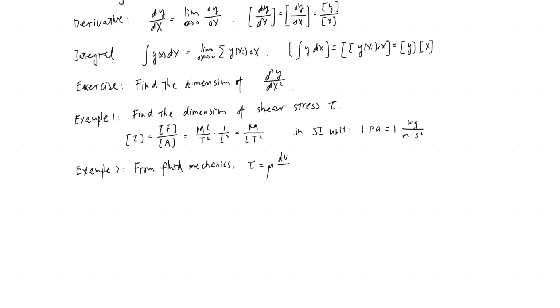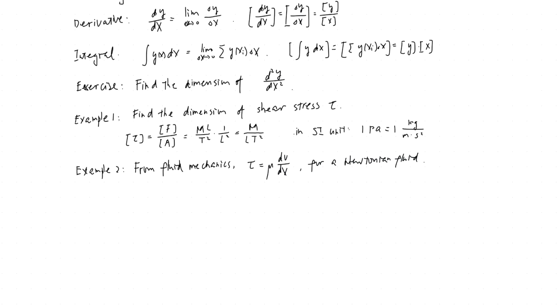This is for a Newtonian fluid. So dV/dx is the velocity gradient, and mu is the dynamic viscosity.